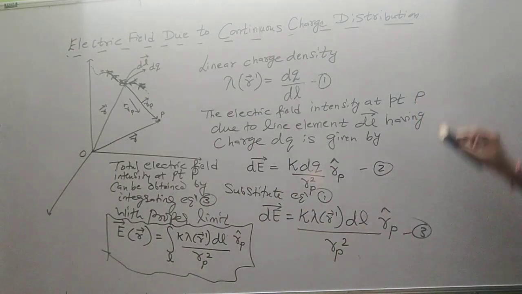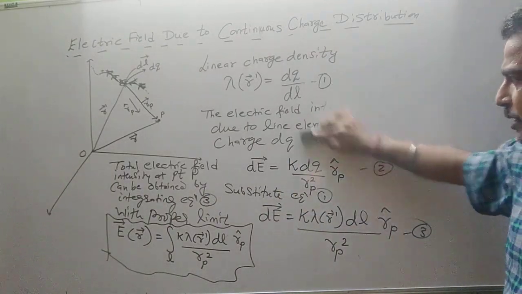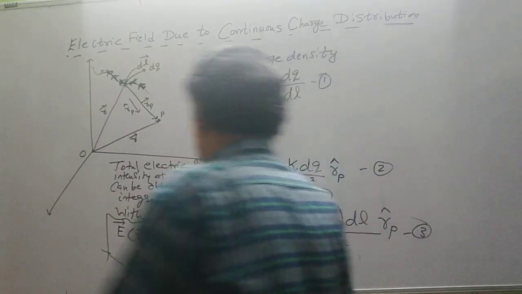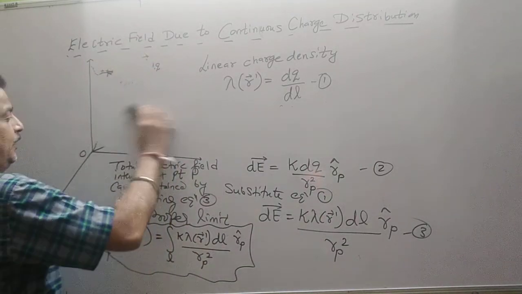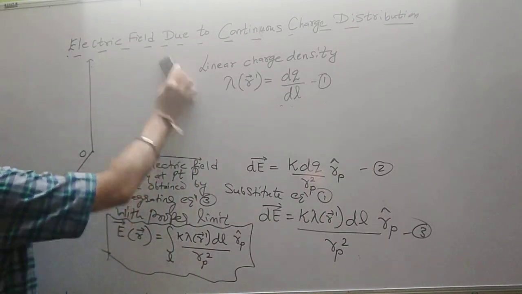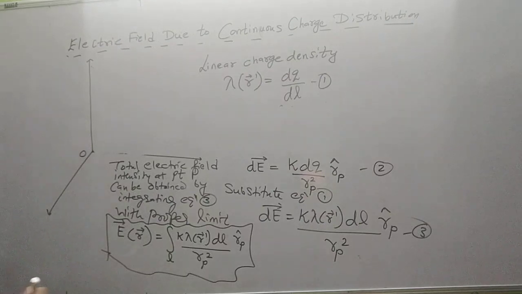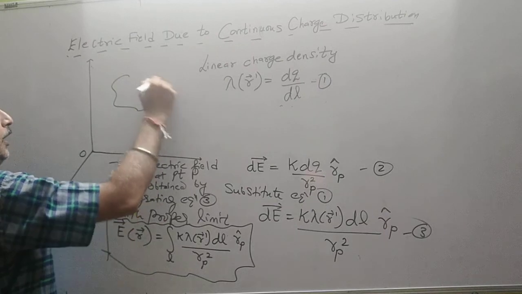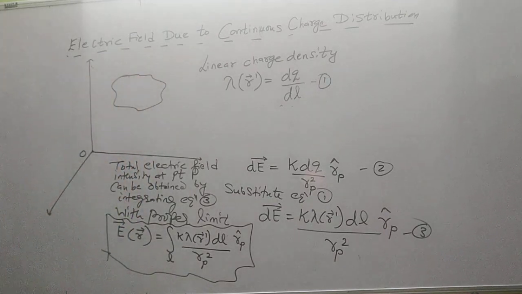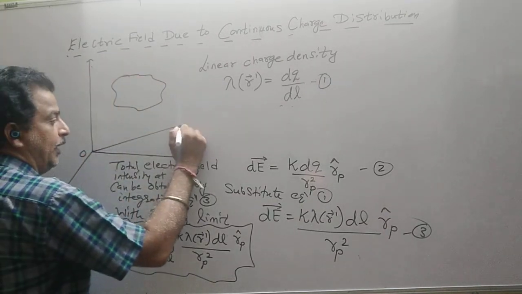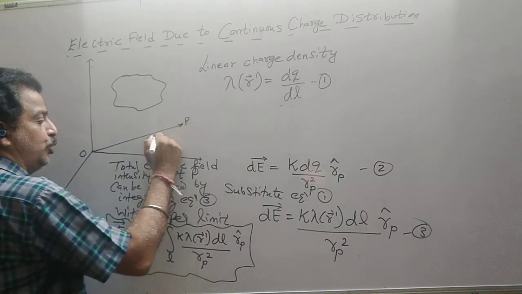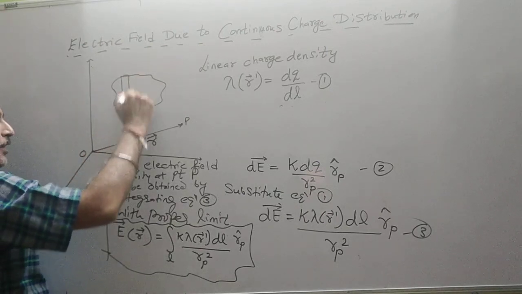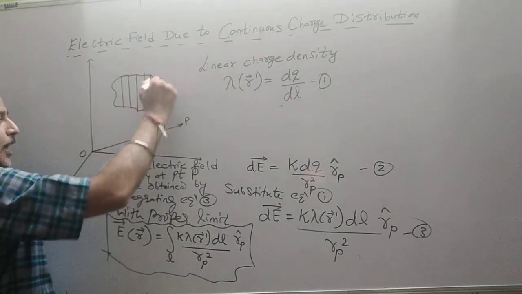Now let us consider the diagram for a surface charge distribution, and let us see what changes you have to make. So now I take the distribution as a surface charge distribution. Let us consider any surface or a two-dimensional figure, and again the point P remains same, whose position vector is r vector. Now I divide this entire surface into small elements.